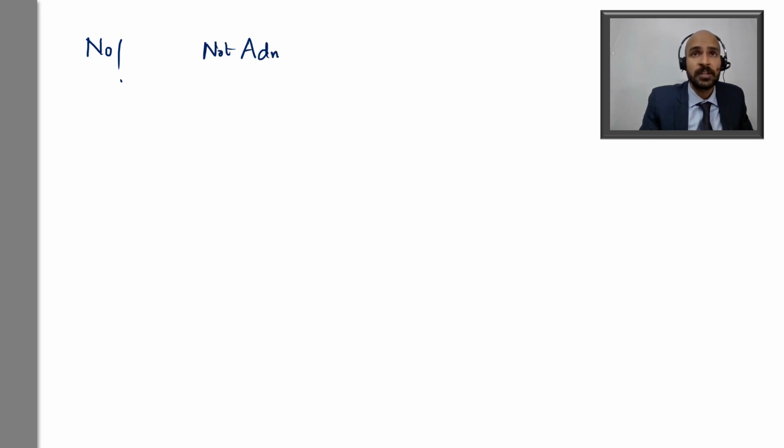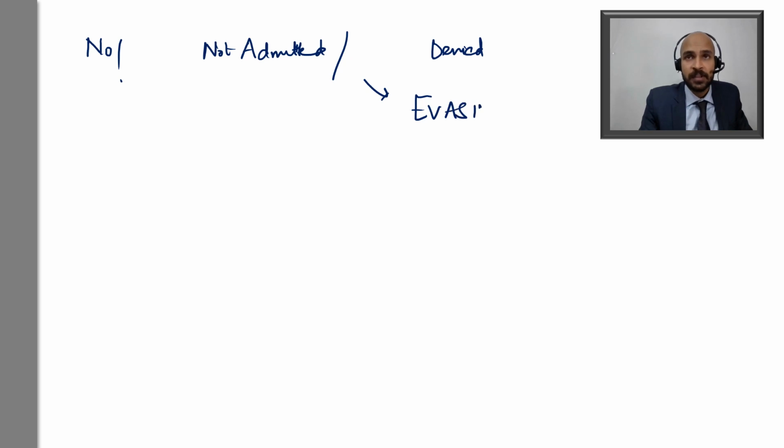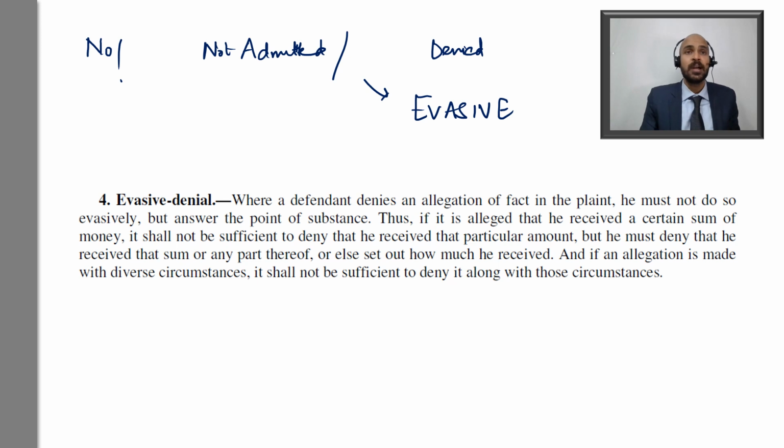I want to point out to you that to simply say no, or to simply say not admitted, or to simply say that it is denied is a form of denial that is called evasive denial. And this is not correct. For that you can look at Order 8, Rule 4, where it says that he must not deny evasively.